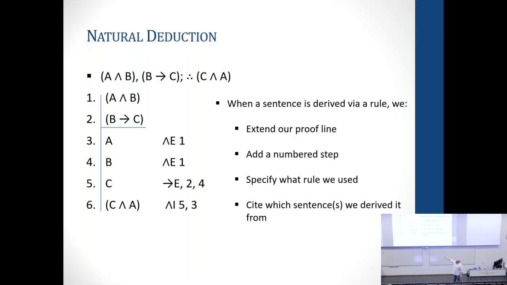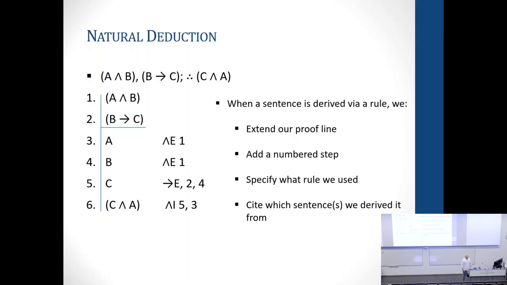So I'm taking line 5 and I'm taking line 3, and those are my two conjuncts that I'm sticking together. Similarly, for line 5, how did I get line 5? I used conditional elimination, and I used the conditional in line 2, and the antecedent in line 4. So the numbers are telling us which line did you use. Again, it's part of a roadmap saying what rule and who did you use it on.